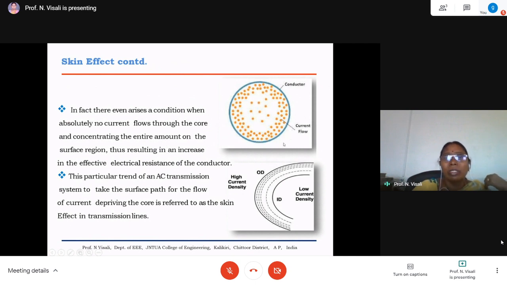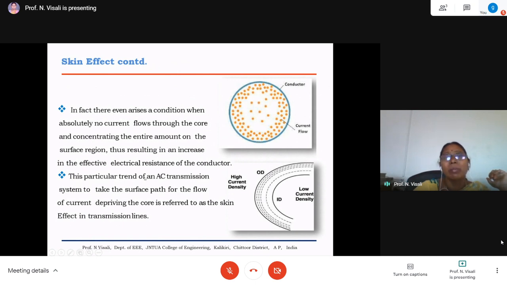Because of this, at the middle there is low current density, and at the edges you will have high current density. In this condition, the current is concentrated at the surface, depriving the core, which is referred to as the skin effect.